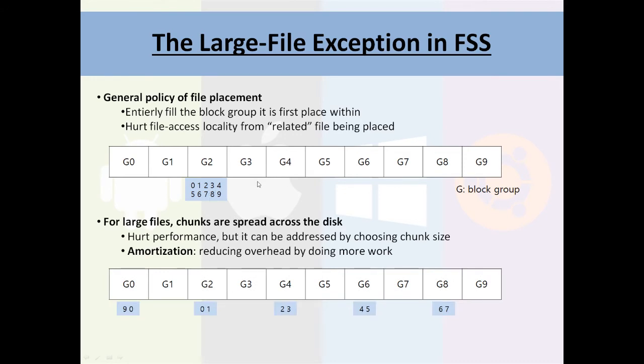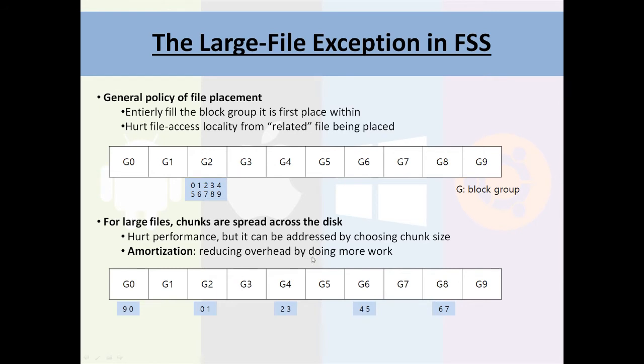What we do for large files is that we spread them across a disk in what we call chunks. We divide them up into chunks, and we put each chunk in a separate group. Now this hurts performance, because now you have to look at lots of different groups. But if you increase or decrease your chunk size, you can optimize this for different scenarios.